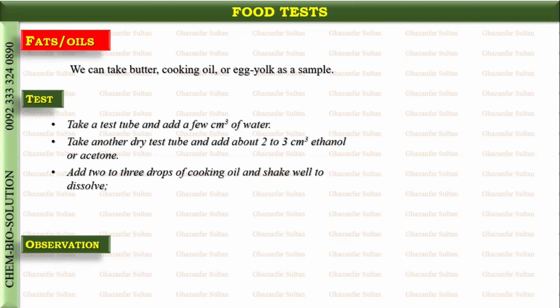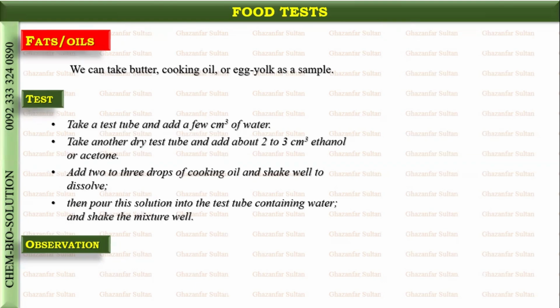Then add 2 to 3 drops of cooking oil or any sample that you have, and shake well to dissolve this fat sample into the acetone or ethanol. Then pour the solution into the test tube containing water that we have first taken. On shaking well, we get the milky white emulsion.